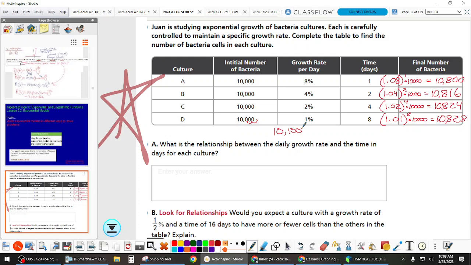Whereas in the 8%, just one time, we're taking 8% of 10,000 only once, and then we don't continue to grow it. So this now becomes 1% of this number, which is 101, and then we add that on, so then we get 10,201, etc. Okay, so it's growing on the growth. Does that make sense? That's a really big idea.